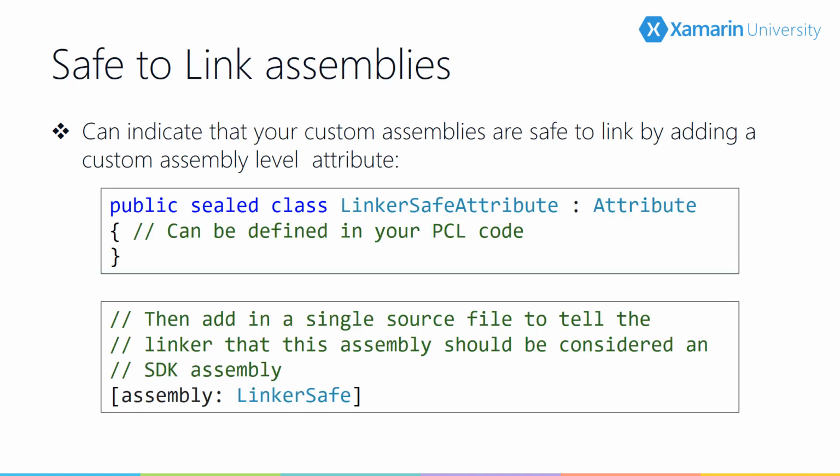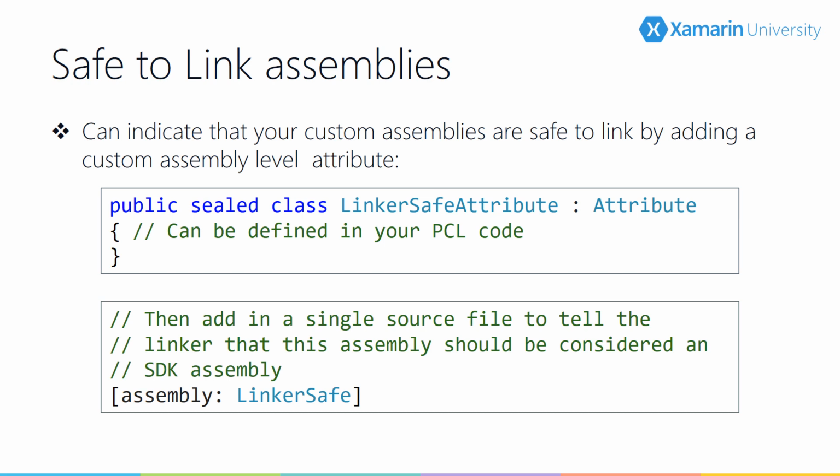Now, if you create framework assemblies that are shared, then you can include your own assemblies as part of that SDK set that are considered safe. Now, this is done by defining a custom attribute named linker safe attribute. This is part of the runtime. It's in the iOS Android assemblies, and you can simply define your own version to avoid taking a dependency on the iOS Android runtime.